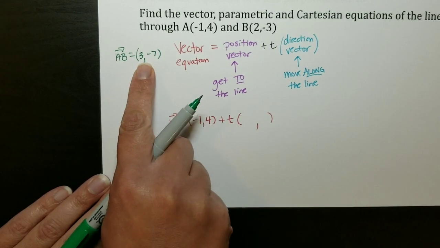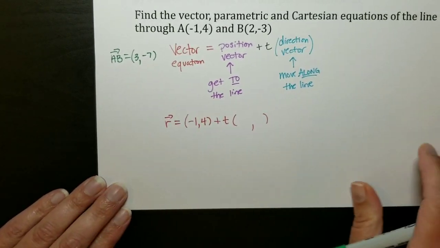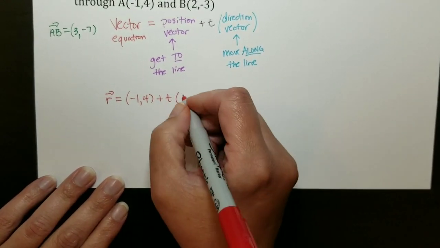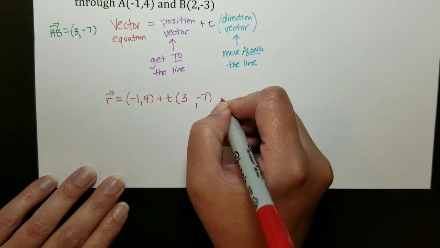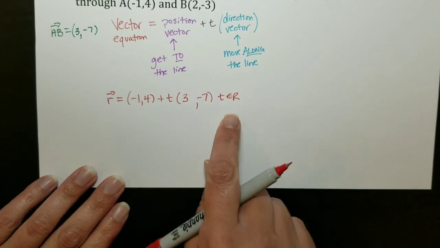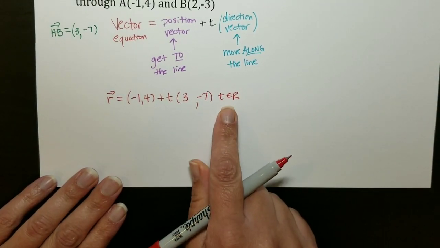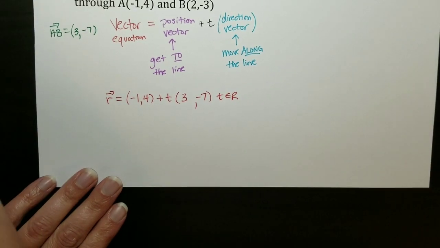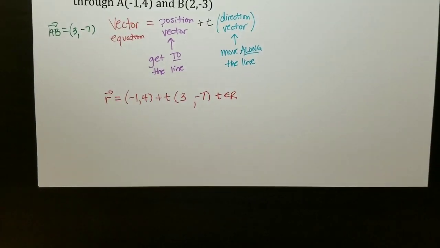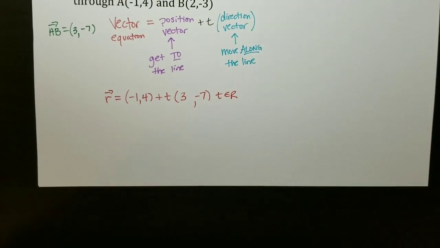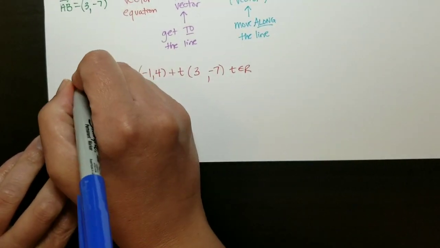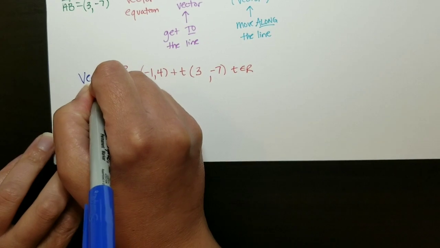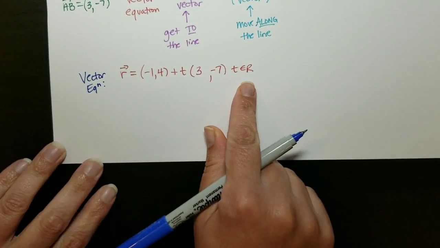So that's my move along the line vector. And then I just say that t can be any real number. So this right here, this is the vector equation. So there's my vector equation.